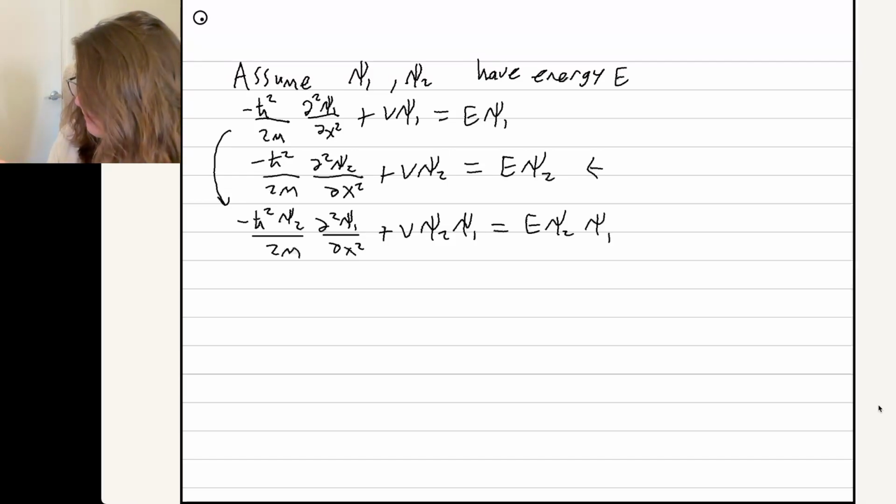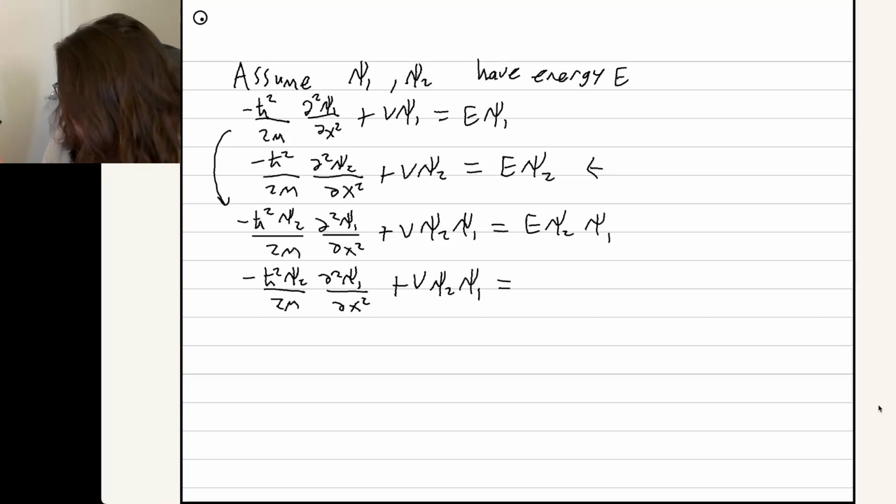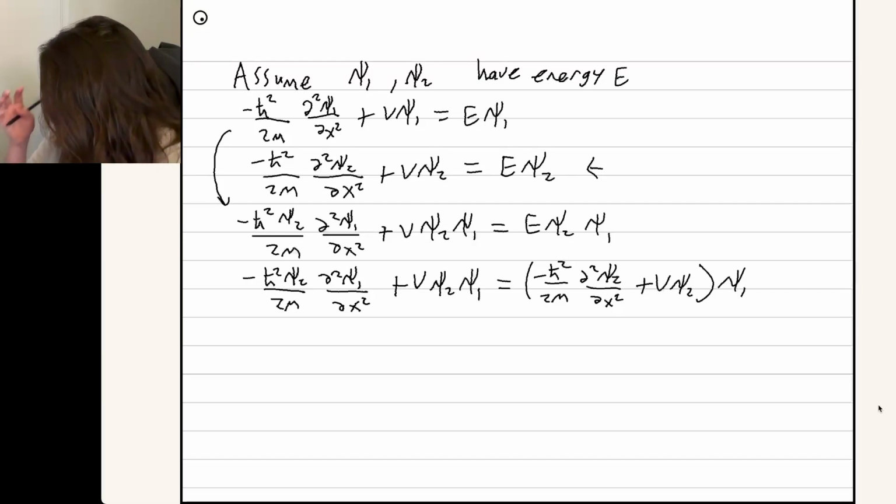So let's plug that into our equation on the right-hand side. And that's going to be real interesting because we have minus h bar squared over 2m d squared psi2 dx squared plus V psi2, times psi1.